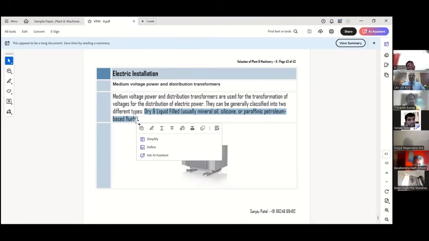It may have some equipment in the form of transformers, control devices, panels, cables. Okay. So the entire thing which is used to safely energize machines using electrical energy comes under electrical installations.